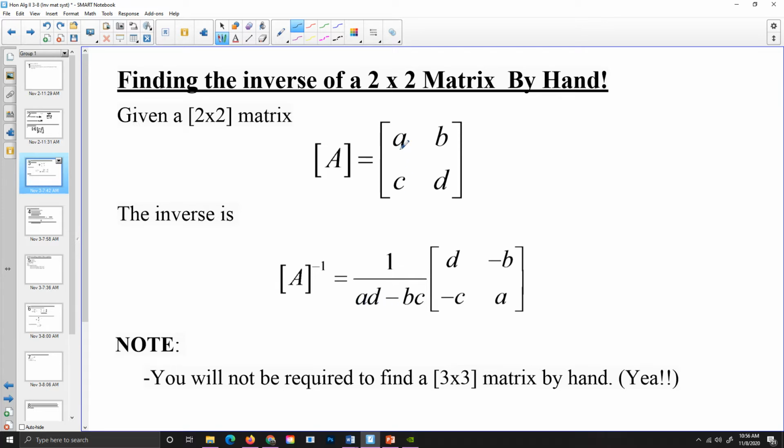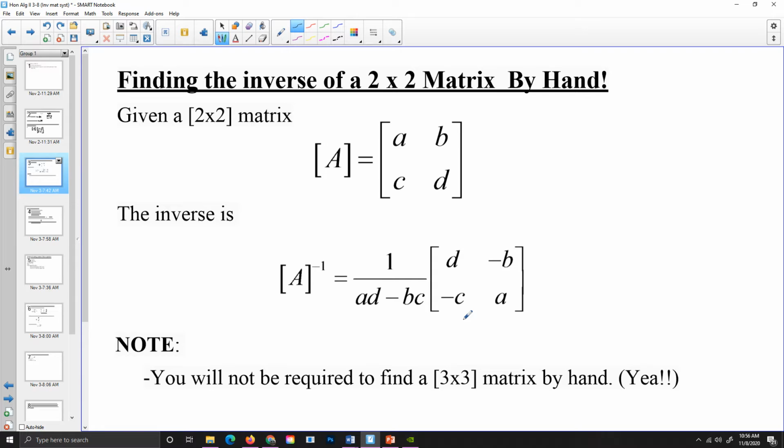When I say AD, it takes this value here multiplied by that value there, and then subtract from that the B value times the C value. Then you would take this expression and switch the A and the D, and then make B and C negative.